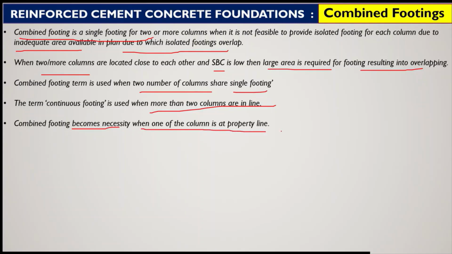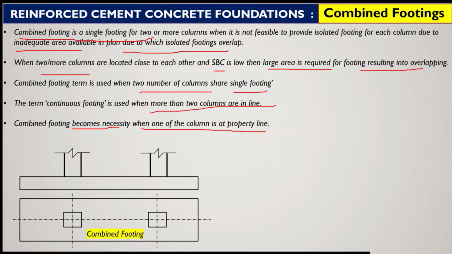That means if a column is touching the property line, then it is not possible to construct an isolated footing for that column, because 50% or more, or 50% or less, we can say, of the footing will go towards the adjacent plot, which is not acceptable. So at that time we have to design a combined type of footing.